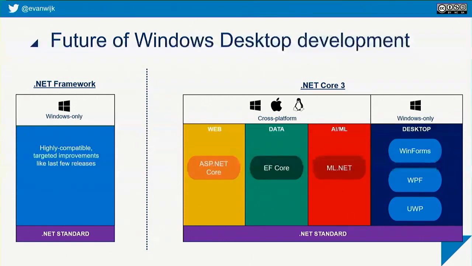And this is added by what's called desktop packs. These are open source stuff that is added to .NET Core, but it's still Windows only. And that is obvious because WinForms and WPF run on top of technologies that are not available on Linux or on Mac. So this is pretty obvious.